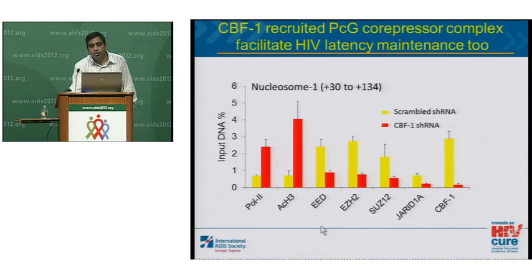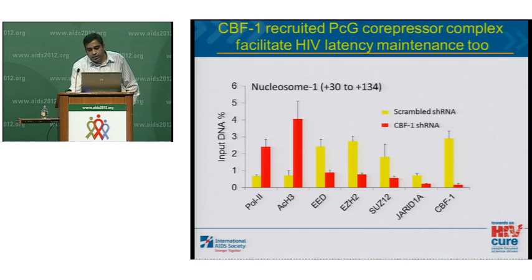When we knock down the CBF1, the level of these components went down at HIV LTR. Means when we remove the CBF1, these factors also went down. So demonstrating that CBF1 is responsible for their recruitment at HIV LTR. So these results demonstrate that CBF1 induces HIV latency by recruiting polycomb group co-repressor complex at HIV LTR.